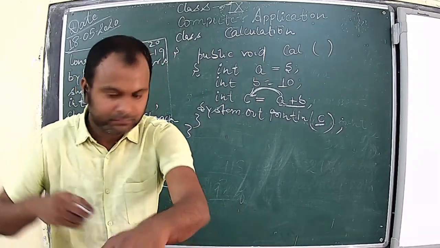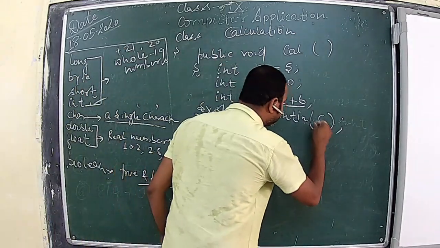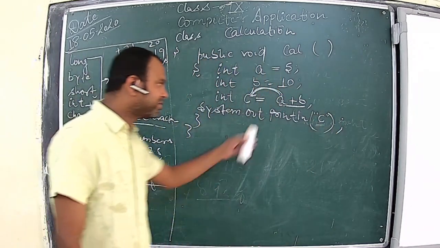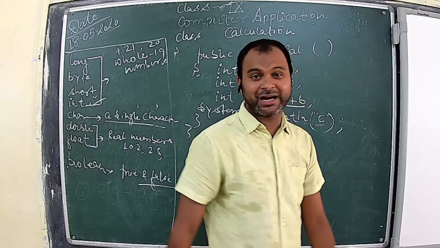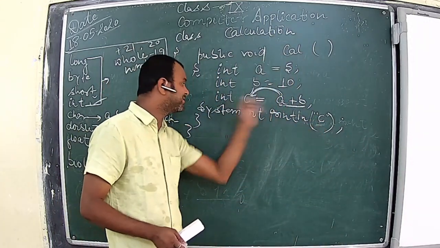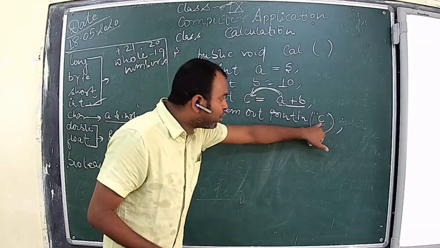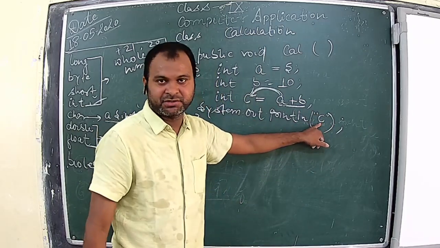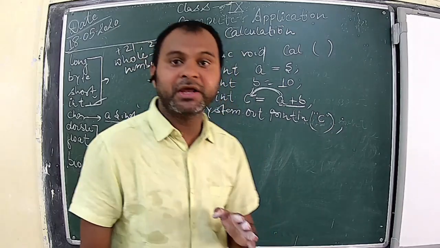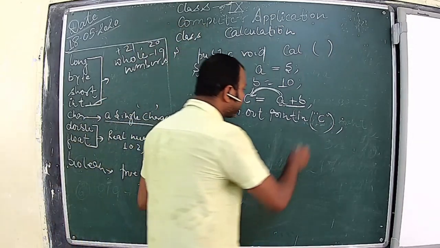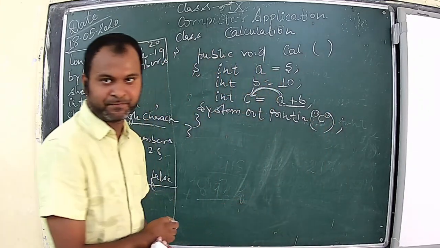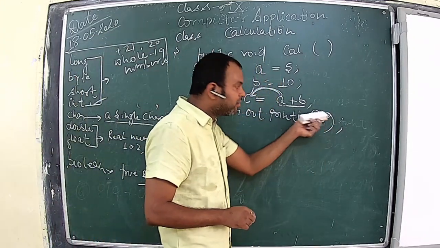If I use double quotes, because I have seen in classes so many students doing this, they use double quotes around the c in the print statement. Now the meaning is totally changed and your desired result will not come. Why? Because double quotes are used to print a statement, a string.